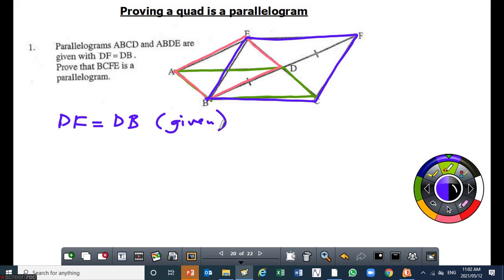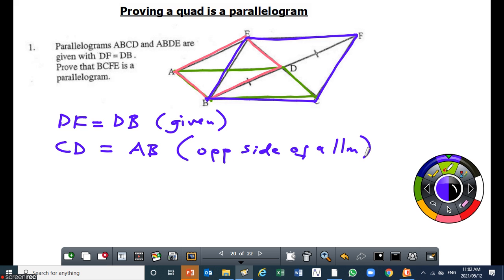Right? So I'm going to say CD is equal to AB. Reason: opposite sides of a parallelogram, because I'm told that ABCD is a parallelogram. AB is a common side for both parallelograms that are given.